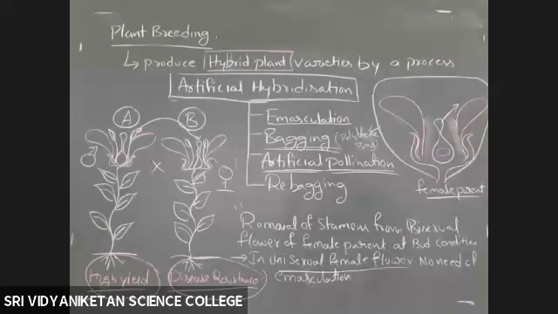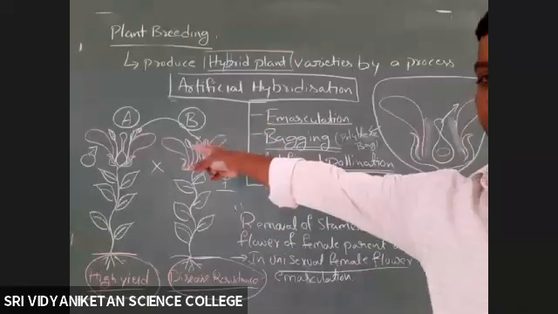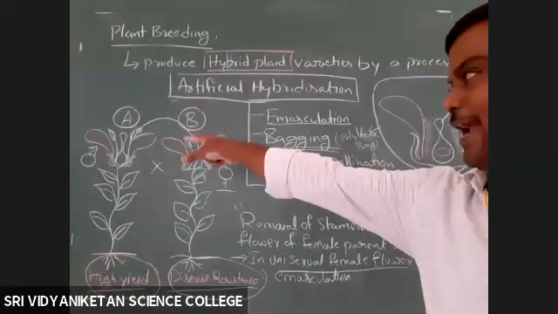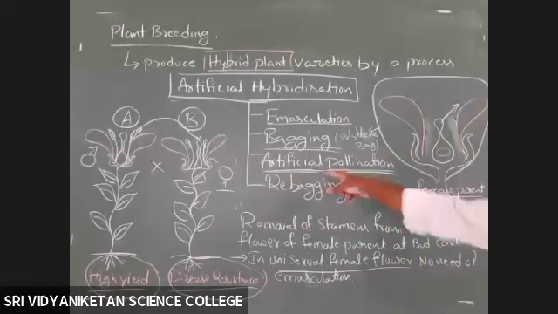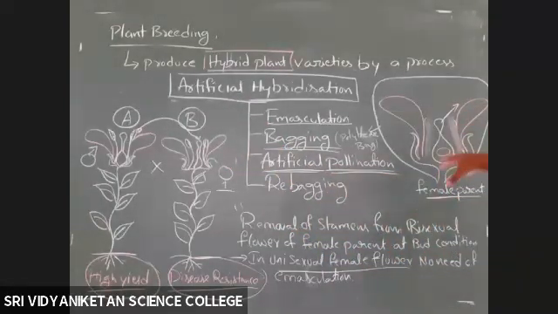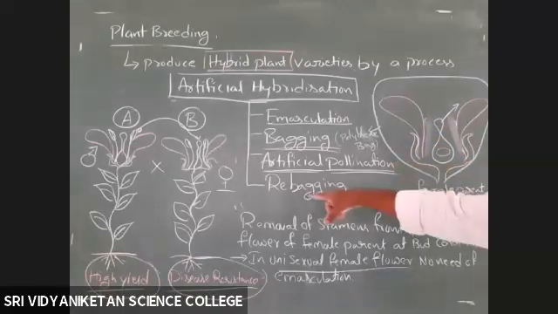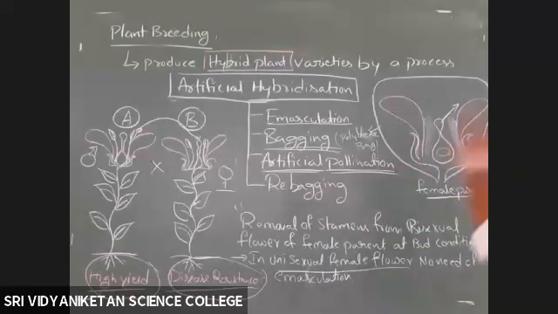Bagging can prevent the falling of unwanted pollen grains. So unwanted pollen grains never fall on the stigma because it is covered with the polythene bag. And after that, when the stigma becomes receptive, when the stigma becomes mature, we can immediately transfer the pollen grains of plant A to the stigma of plant B, and again we can cover. That is called artificial pollination. After artificial pollination, we cover the pollinated flower with the same bag.